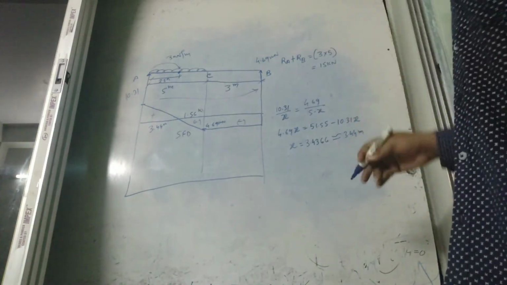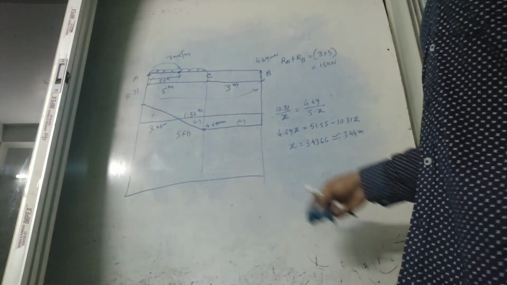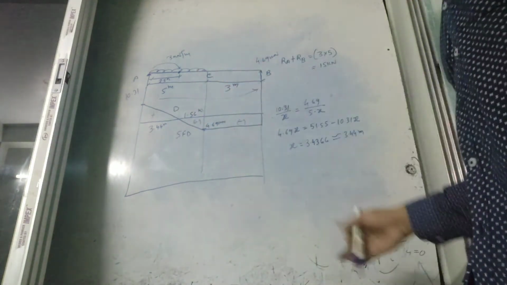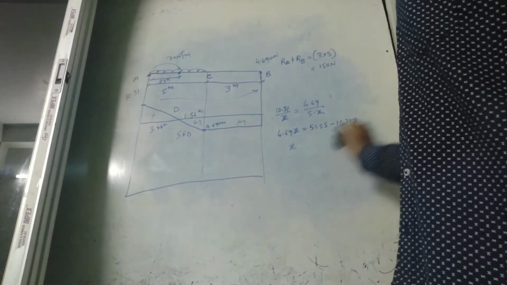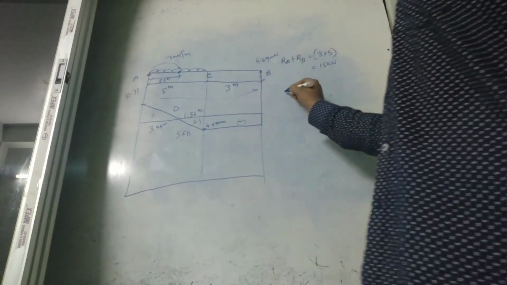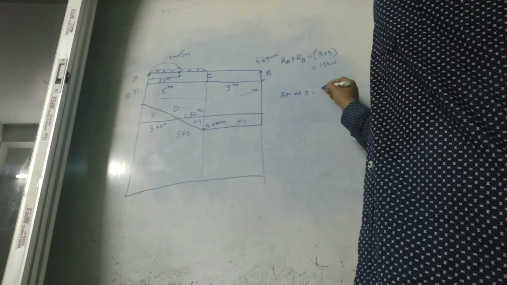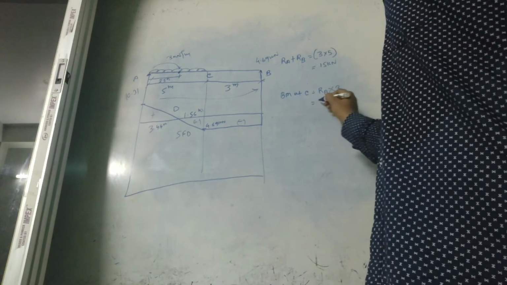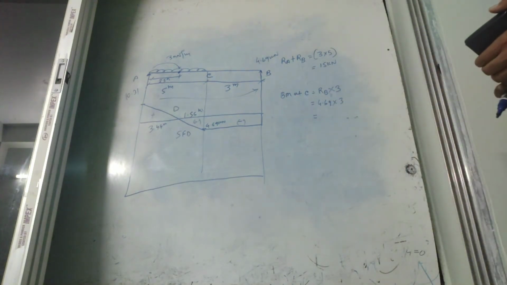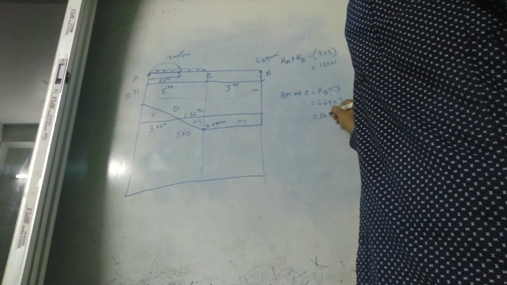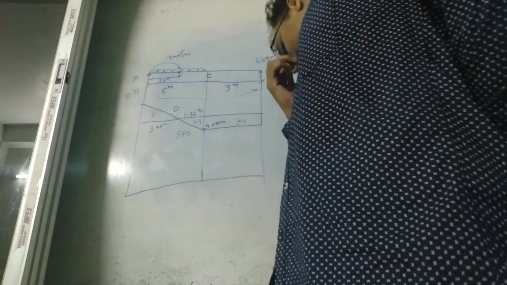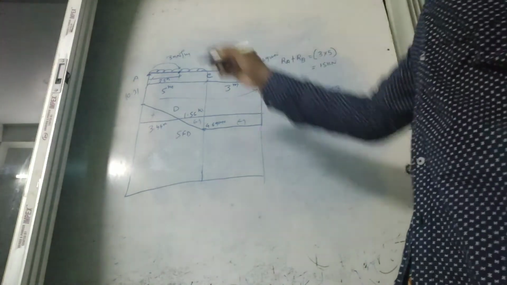So now we go for the bending moment. We need to calculate bending moment at point D, and we also require bending moment at C. First we calculate BM at C. BM at C equals RB, the easy side, RB into 3. RB is our 4.69 into 3, which is 14.07 kilonewton meter. Okay. Now I go from the other side.